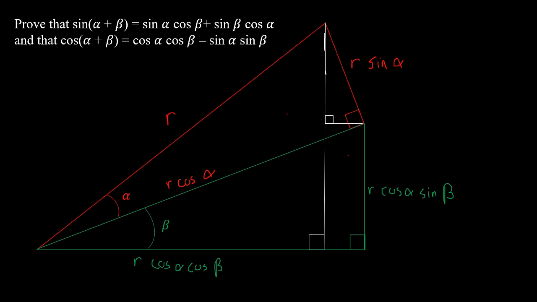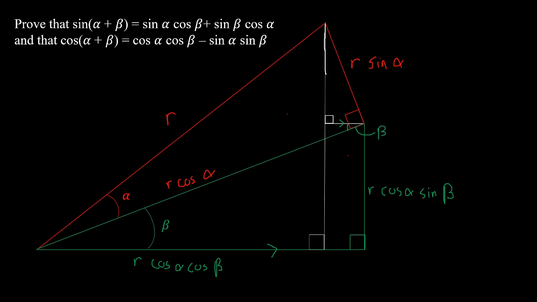Notice that these two lines are actually parallel. This white line and this bottom green line are parallel. So by the alternate interior angles theorem, we know that this angle is also going to be beta.